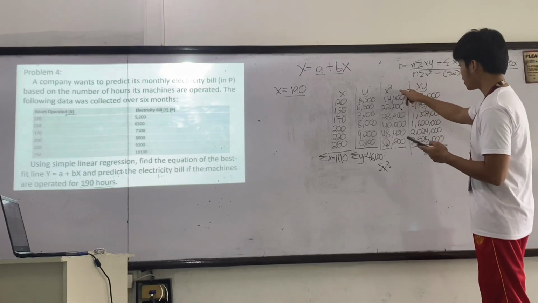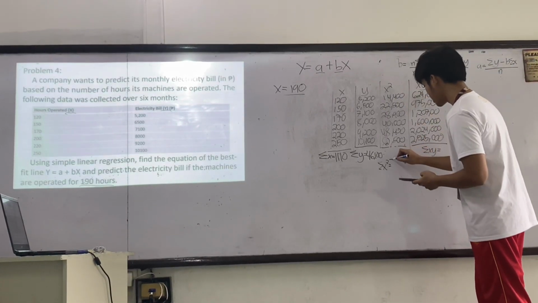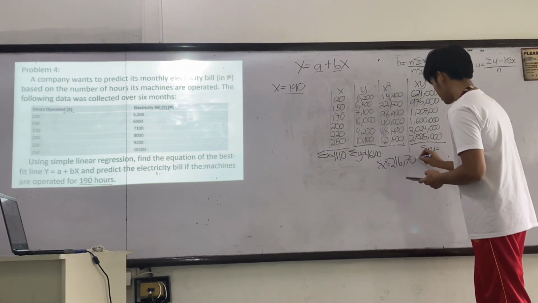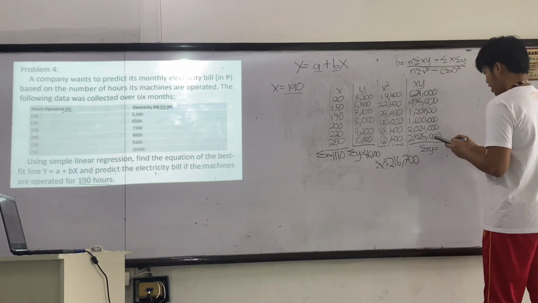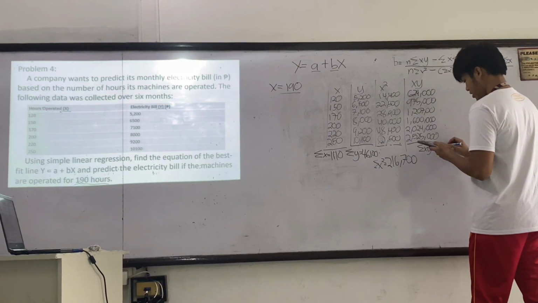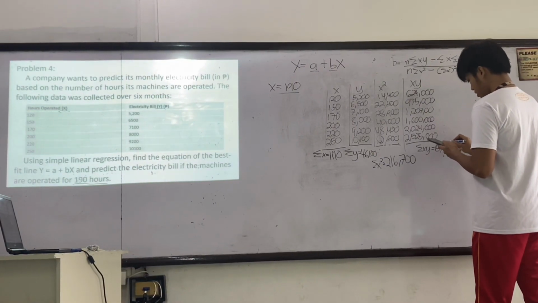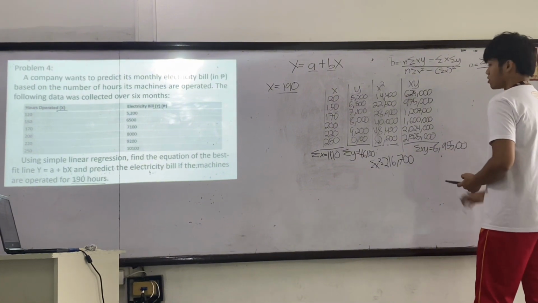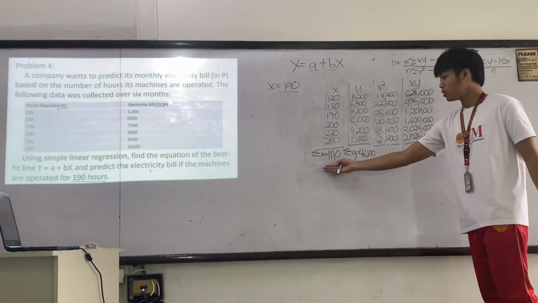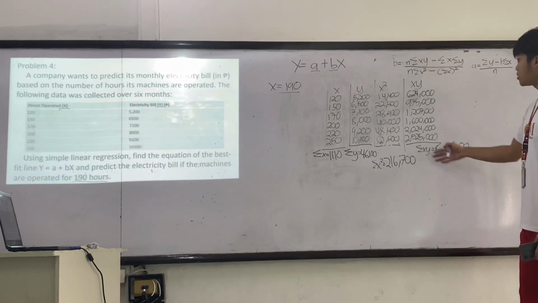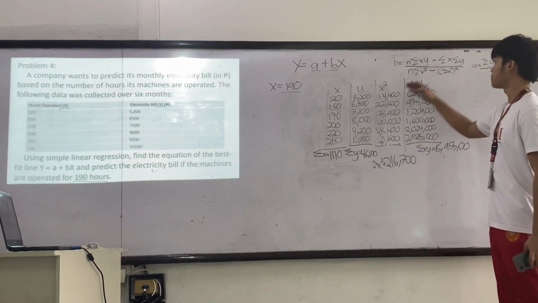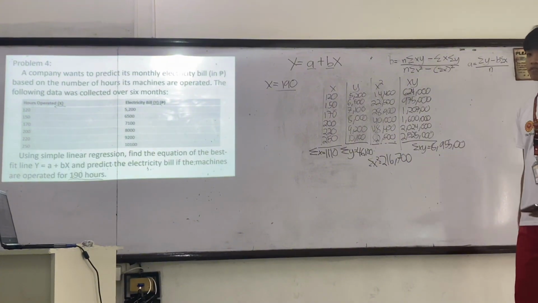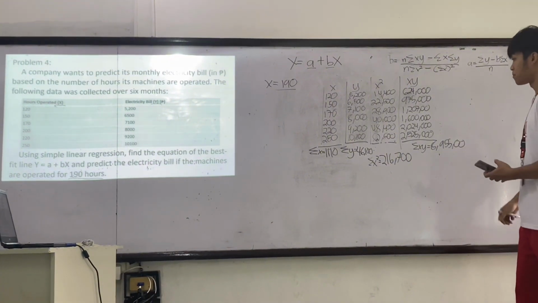So the summation of x squared is 216,700, while the summation of xy is 8,955,000. So with all these values that we have already gotten, we will use these values in order to get the values of B and A, or the values of slope and intercept.